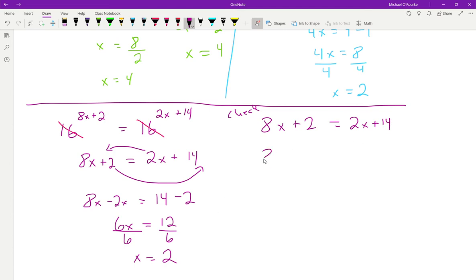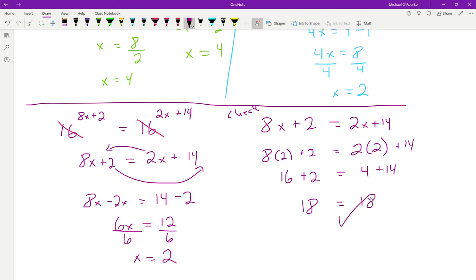Now we can plug that 2 in to each side. That equals 16 plus 2, which equals 18. That equals 4 plus 14, which equals 18. So our big check mark here for both sides equal each other.